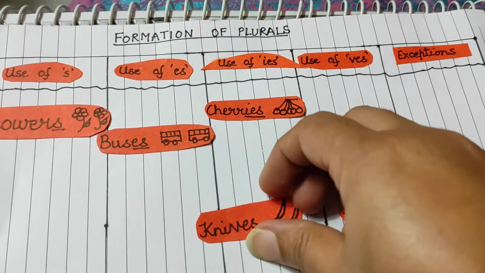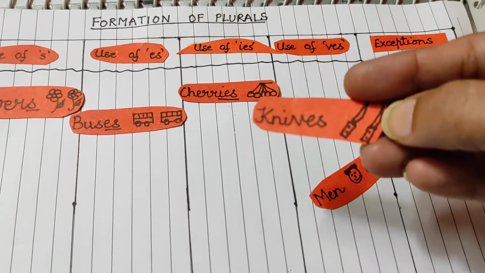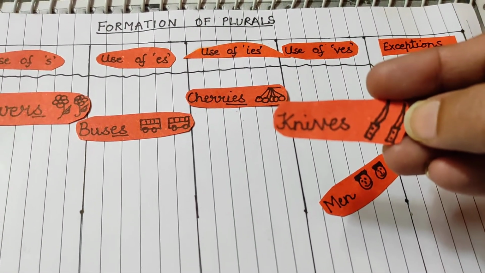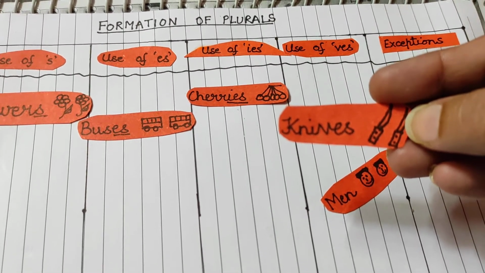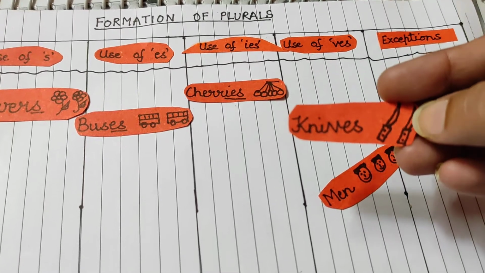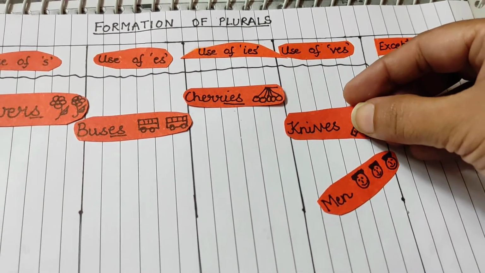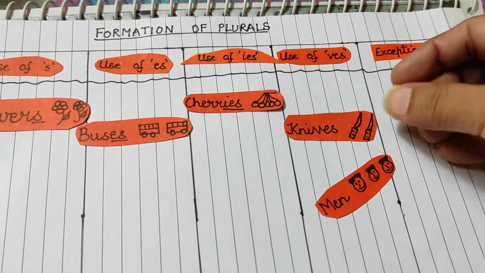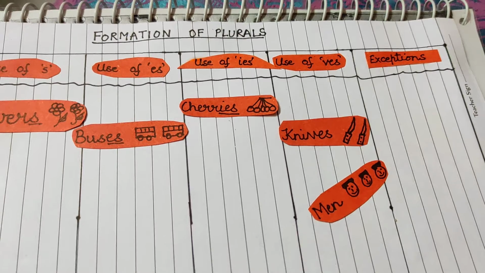Next example you can see is the word knives. So knives is the plural form of the word knife, and as knife has F in it, we have removed F and we have added VES. So obviously this knives plural is going to fall under the fourth category, where we have formed plurals by adding VES.